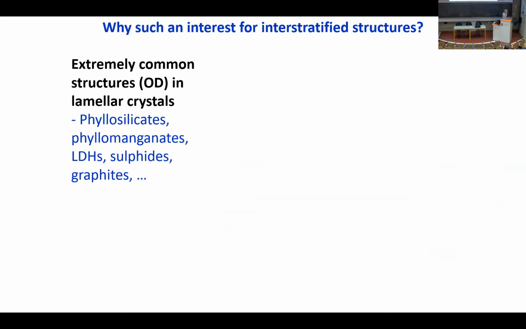So one reason why we were interested in mixed-layer structures, in interstratified structures, is that they are an extremely common type of order-disorder in lamellar structures. It is present in phyllosilicates, in phyllomanganates, which are layered manganese hydroxides, LDH, sulfides, graphite, whatever you can think of.